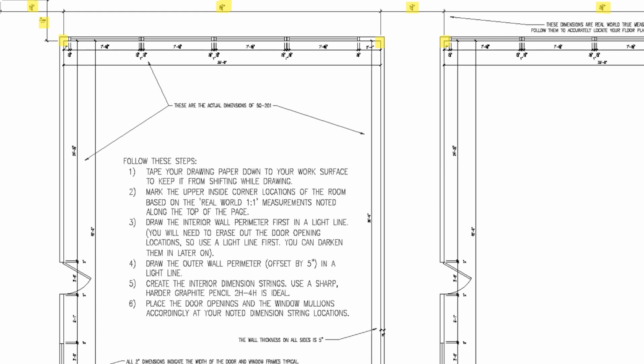So what this is really saying, now let's talk about dimension strings. We've visited them before, but coming from the point we're measuring, and in this case it's the inside corners of the SQ201 room, these vertical lines, or in this case this little horizontal line, those are called extension lines.